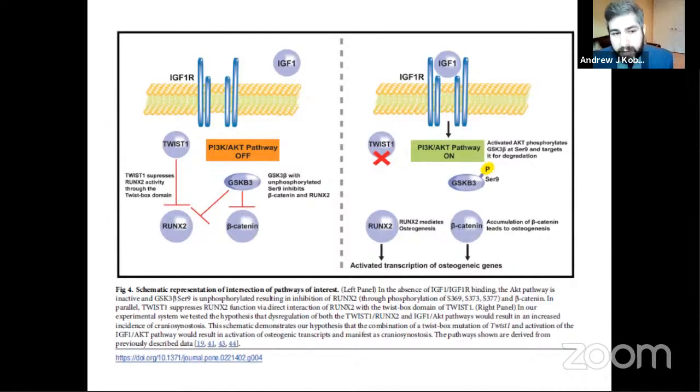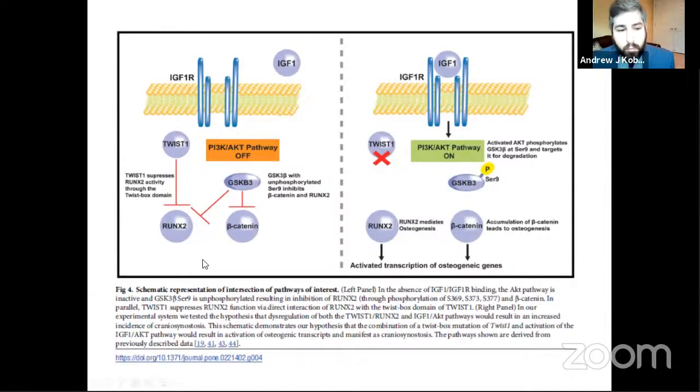Without the inhibition, as seen on the left side, of the TWIST1 gene and protein and the GSK-3B protein and gene, these RUNX2 and beta-catenin proteins are able to cause craniosynostosis by having an unchecked transcription of osteogenic genes. Only when these normal inhibitory factors are present do we prevent the expression of a craniosynostosis picture.